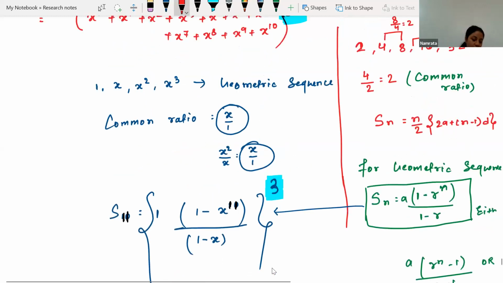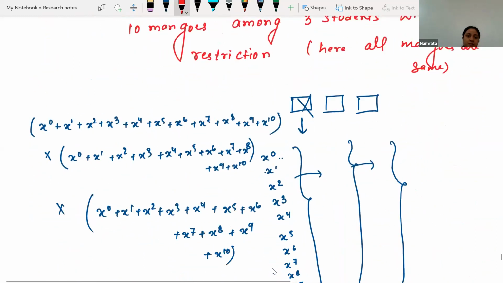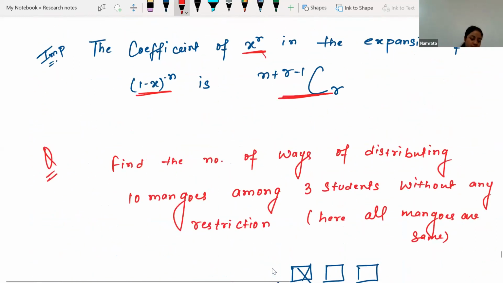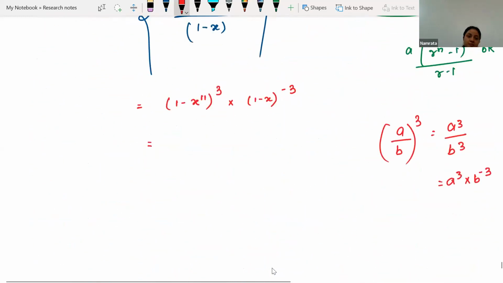Now what we need to find, this one we can expand according to the formula of a minus b whole cube, right?